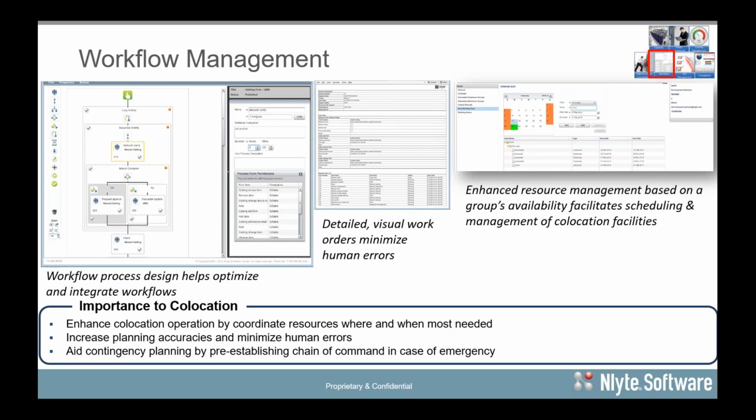Workflow is actually, I'll call this a new essential for colo, because it's something new that Nlyte has released in terms of tying the two together. We talked about NEO, we talked about Enterprise Edition. Well, Enterprise Edition has always had a great workflow module. But now, over the last few months, we've released the ability for NEO to spawn a workflow from an alarm.